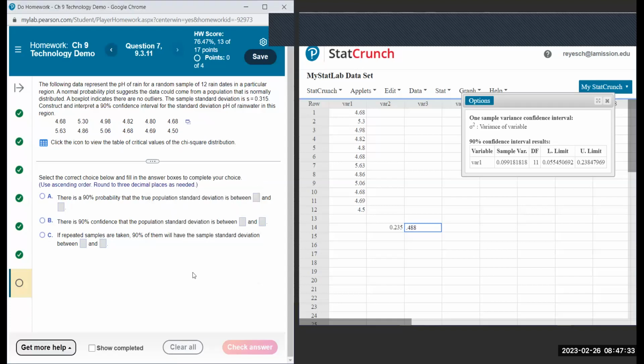And now we want to choose the correct answer. 90% probability, no. This is 90% confidence. Oh, this one says 90% confidence. What does this one say? If you were to repeat the samples and 95, okay, this confidence has nothing to do with the samples. 90% of those samples, no, that's not what the confidence interval does. Confidence interval works for any sampling that you do.